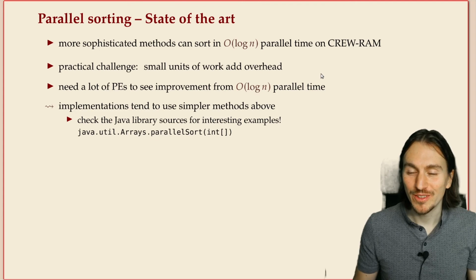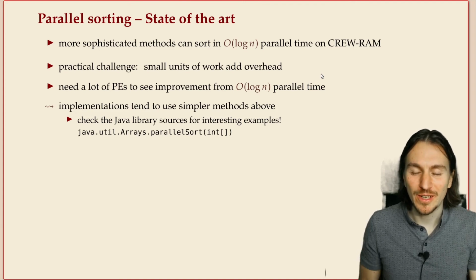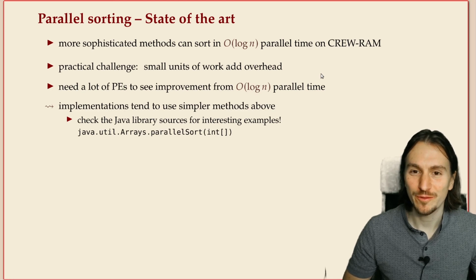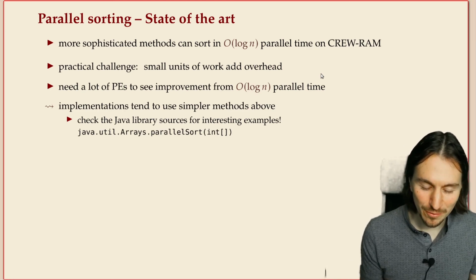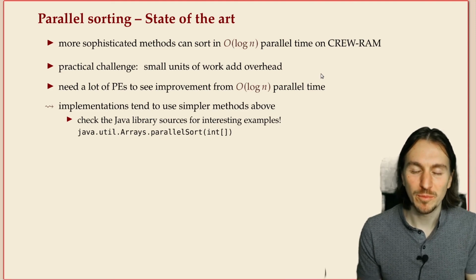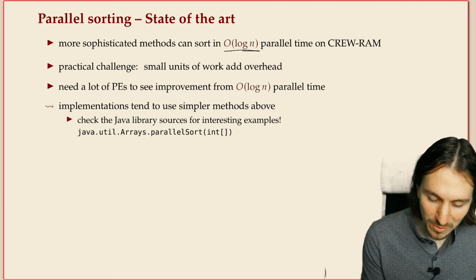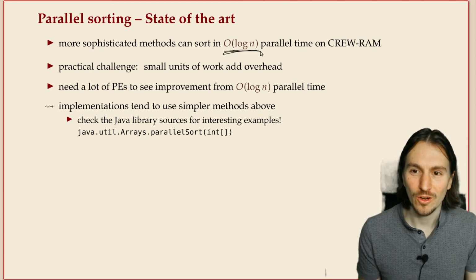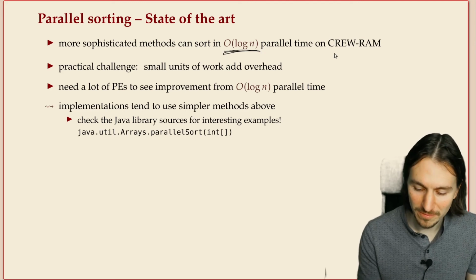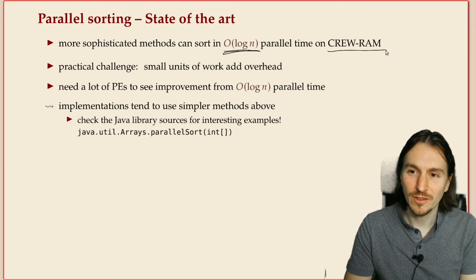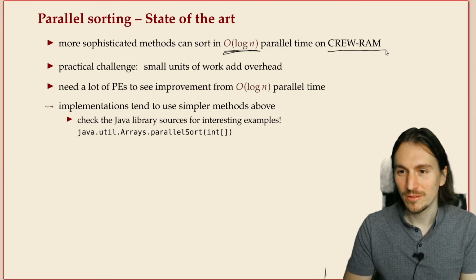I want to finish this unit with a last comment on the theory state of the art for parallel sorting. It turns out if you try to get below this log squared n, you have to use more sophisticated algorithms. But it is possible to do it with just log n parallel time on our concurrent read exclusive write RAM model.